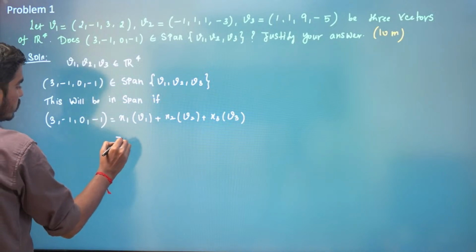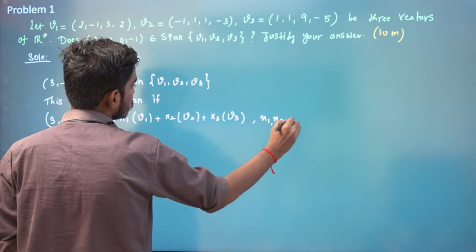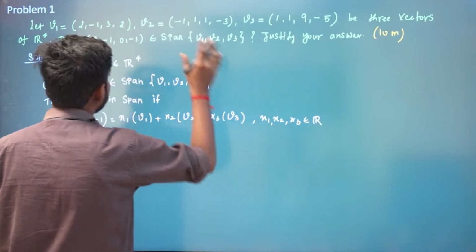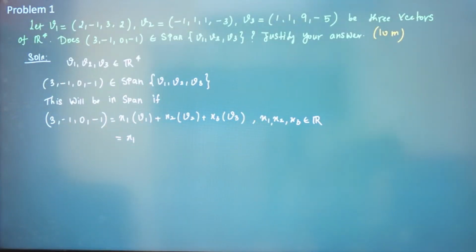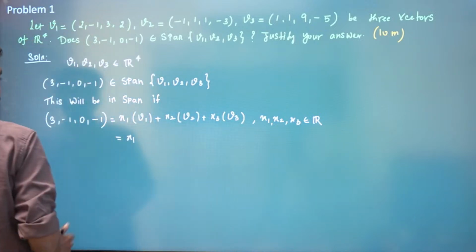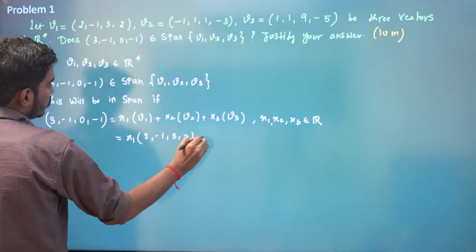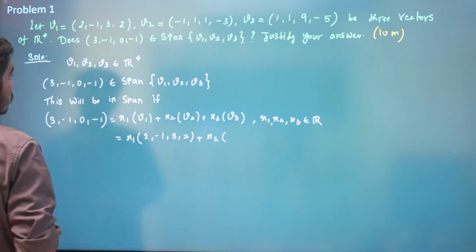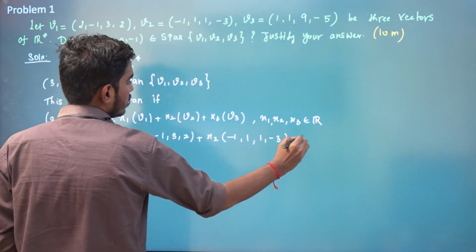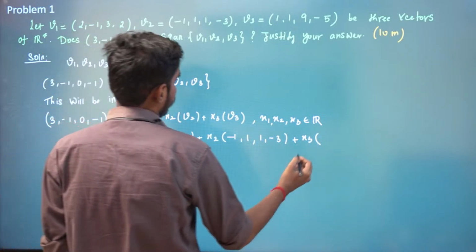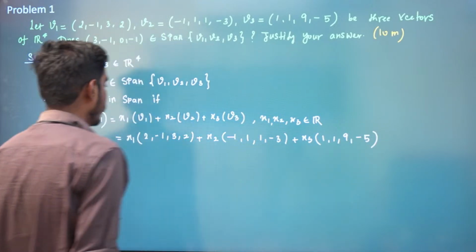Here x1, x2, x3 are scalars that belong to the real numbers because our vector space is R4 over R. So x1 times v1, which is (2, -1, 3, 2), plus x2 times v2, (-1, 1, 1, -3), plus x3 times v3, (1, 1, 9, -5).